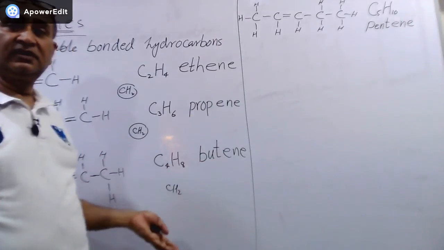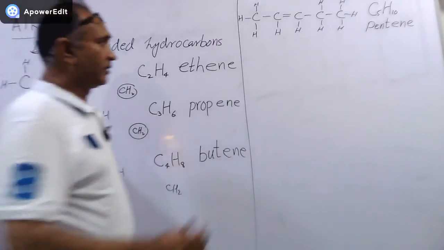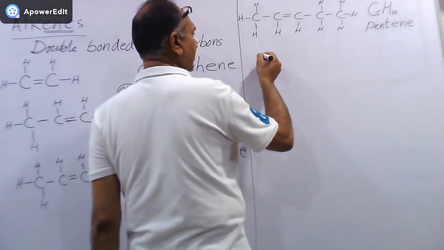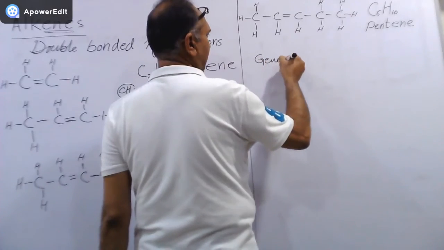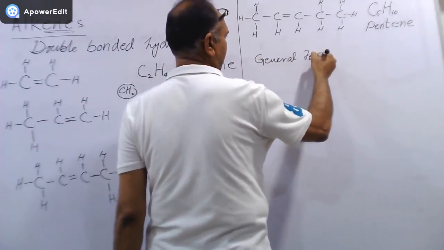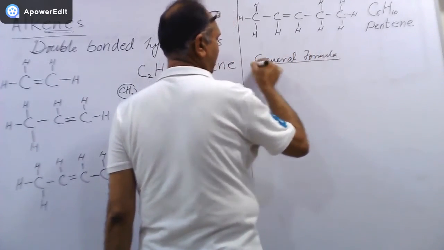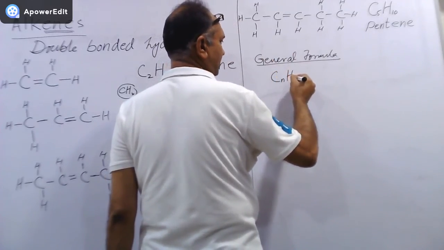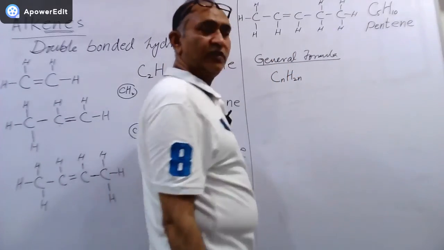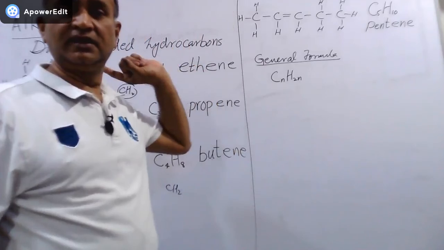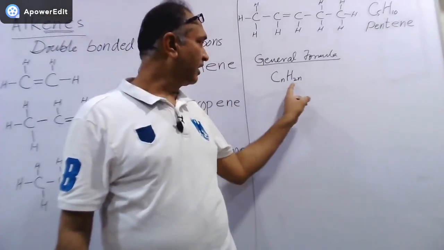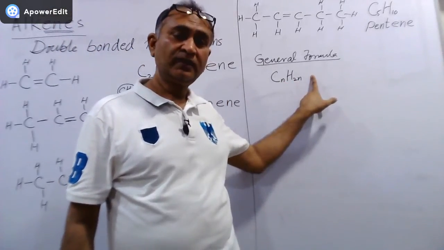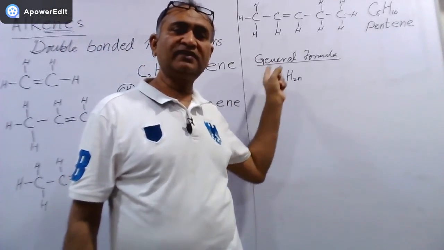It means we can write its general formula. So what is the general formula? CnH2n. This is the formula. In alkane, we write CnH2n plus 2. Okay, but its formula is CnH2n. Why?